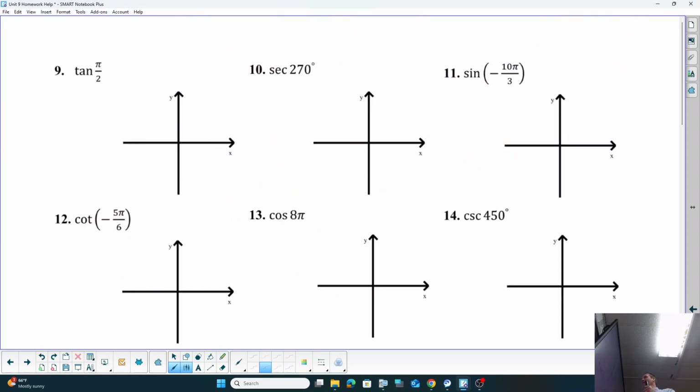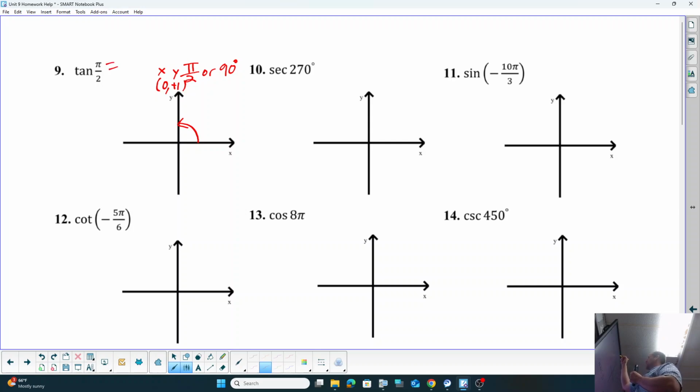Okay, what is tangent of pi over 2? Well, pi over 2 is the same right here as 90 degrees. So that's going to be 0, comma, positive 1. So over 0, up 1. This is your x value, this is your y value.